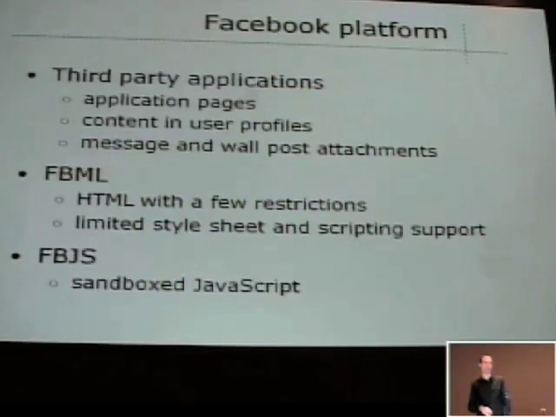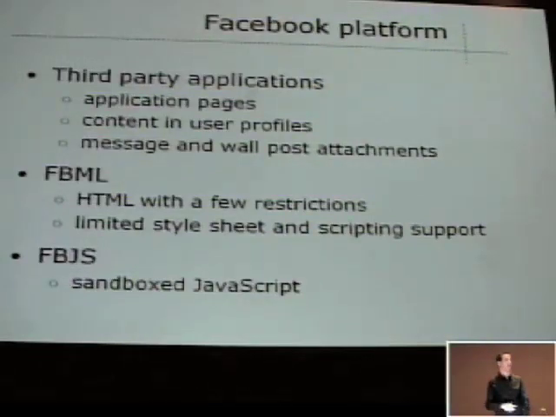Most of the apps are pretty stupid, but that doesn't make the platform any less interesting for reversing. Applications have the ability to add content to user profiles. So if you want to do a worm, adding content to user profiles and finding a cross-site scripting bug in that functionality would be the way to go, because then everybody who looks at the profile will get infected by the worm.